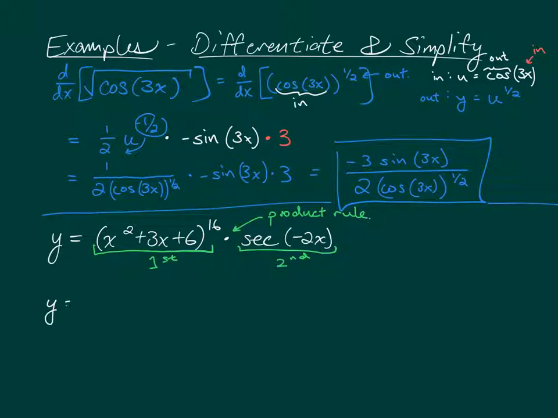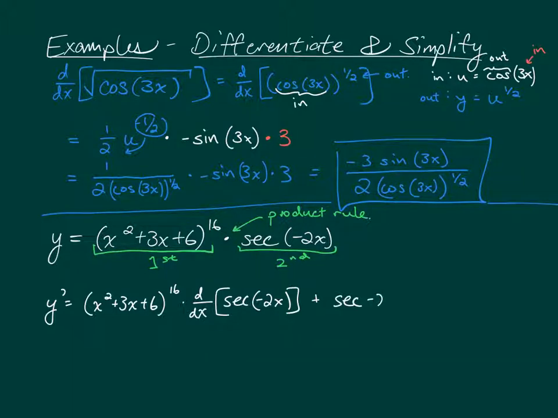So I say y prime equals the first times the derivative of the second, which is the secant of negative 2x, plus the second, the secant of negative 2x, times the derivative of the first, which is x squared plus 3x plus 6 raised to the 16th power. So this is what the product rule looks like, if you'll remember.